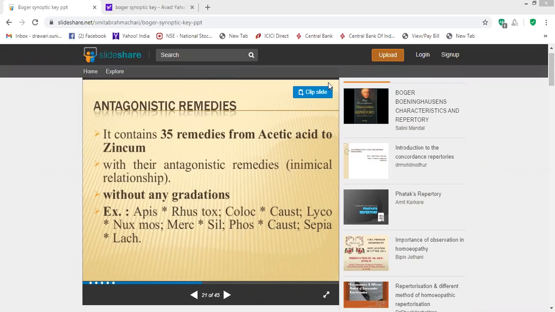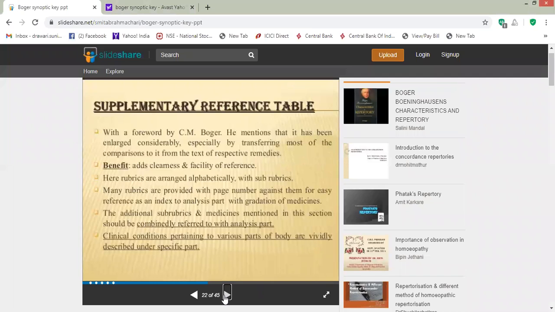For example, they have given the remedy Apis, and its antagonists are Rhus tox, Bryonia, Causticum, Nux moschata, Mercurius, Silicea, Phosphorus, Causticum, and Sepia, Lachesis. In this way they have given some examples of antagonistic remedies.